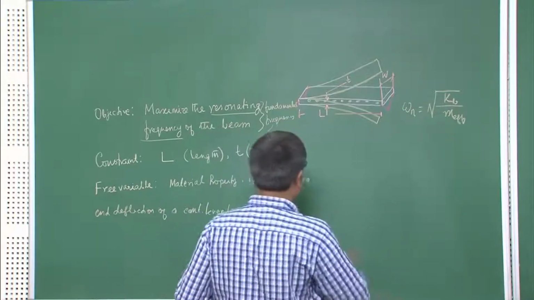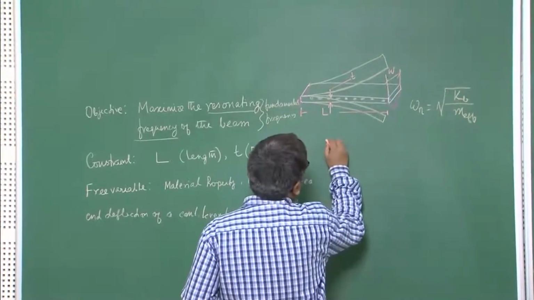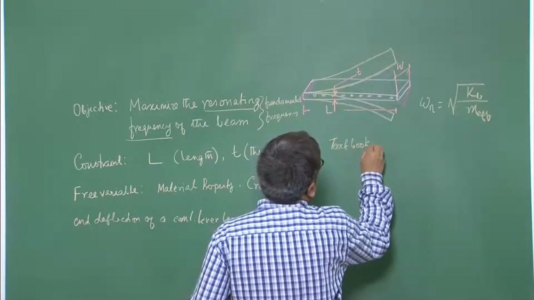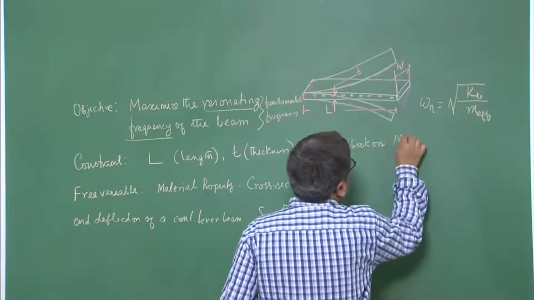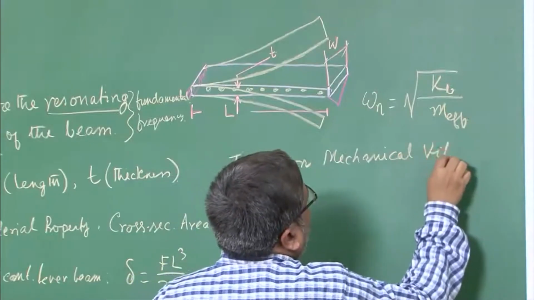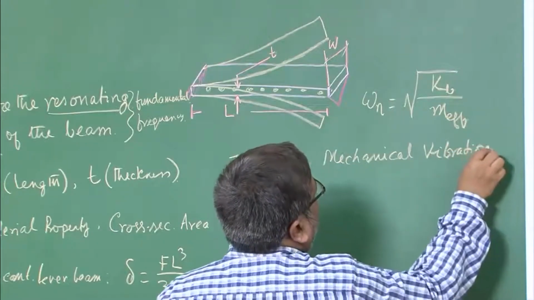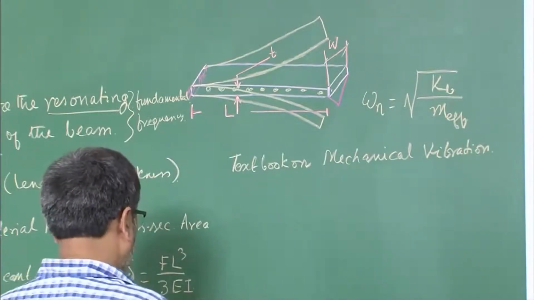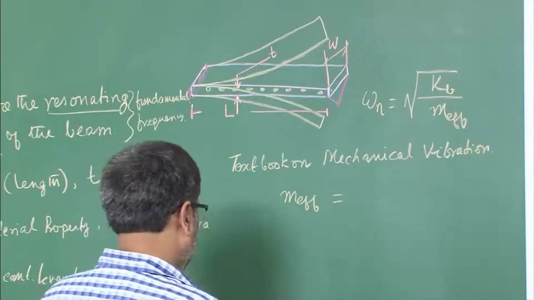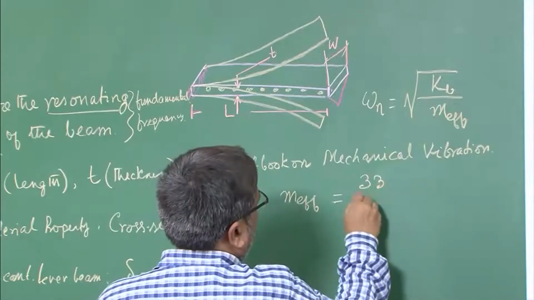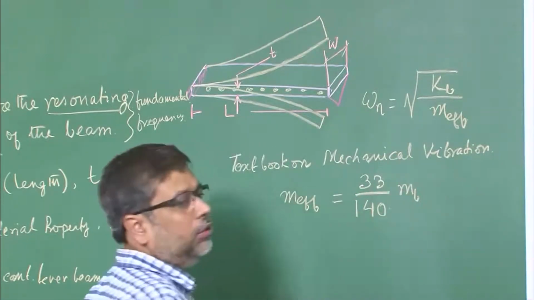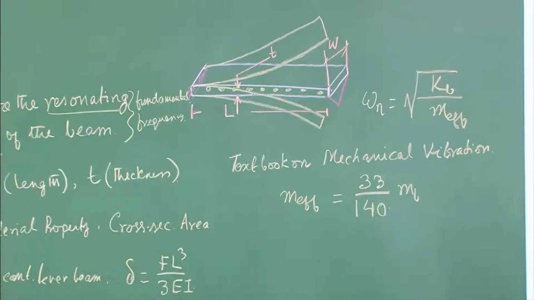I will not go into the details, but if you look at any textbook on mechanical vibration, you will see that for this type of case, the M effective will come out to be 33 over 140 times the mass of the beam, 33 over 140 times MB.